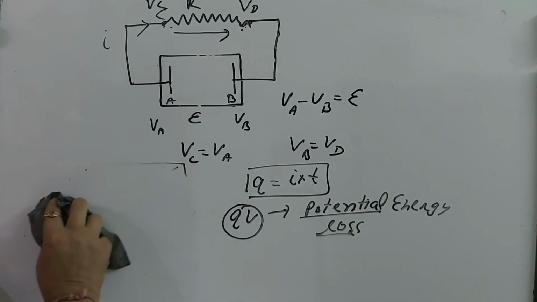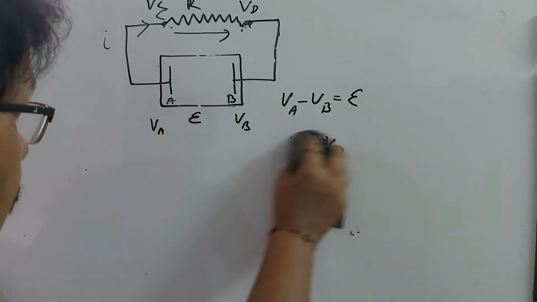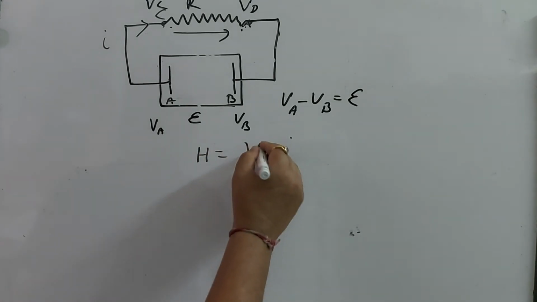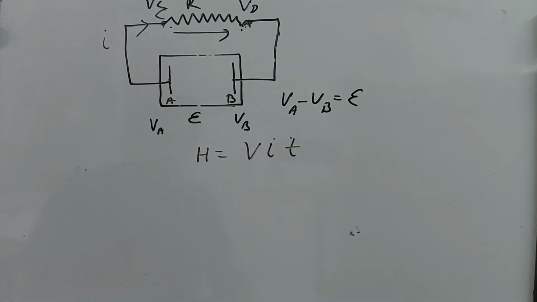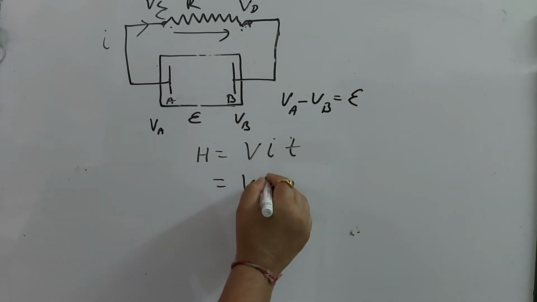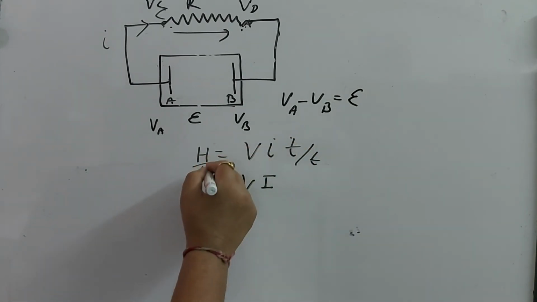So the total heat produced is equal to V into I into T, and per unit time the heat produced is equal to V into I, because this will be divided by T and this T will be cancelled.